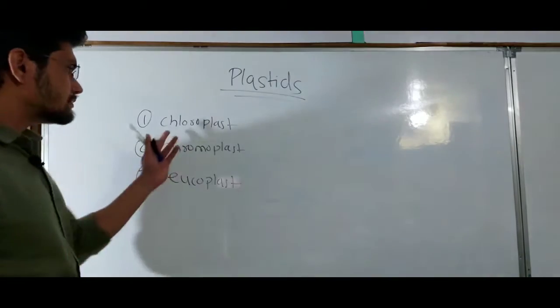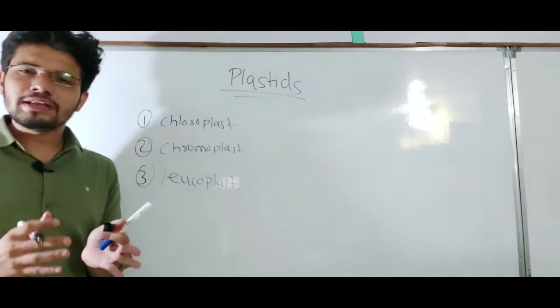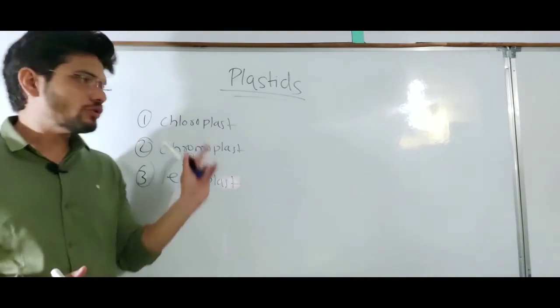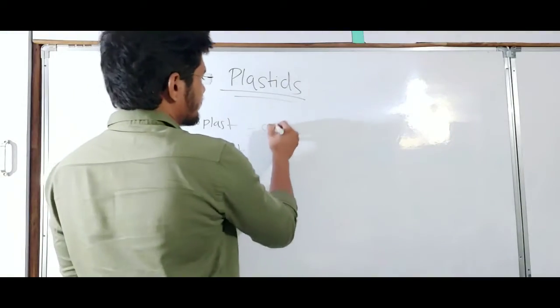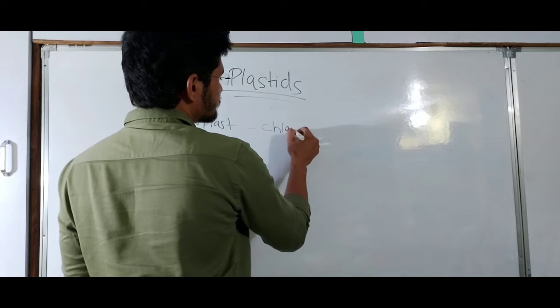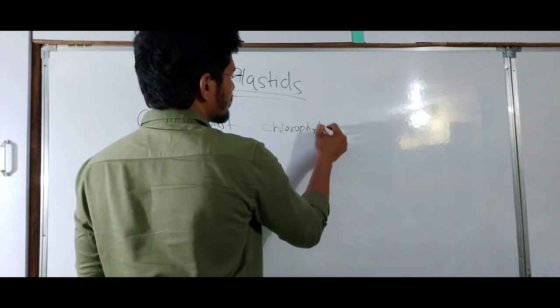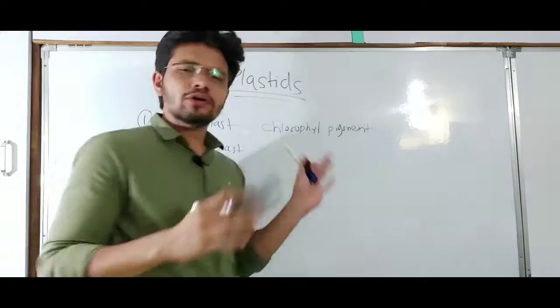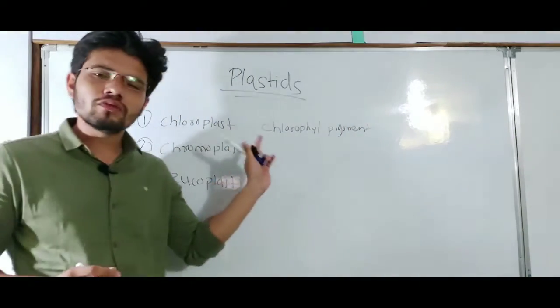Chloroplast is very familiar. We are all very familiar with the chloroplast. Chloroplast contains the chlorophyll pigment. It also contains some carotenoid pigments, but mainly it contains chlorophyll pigment.